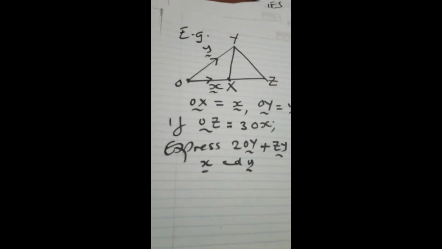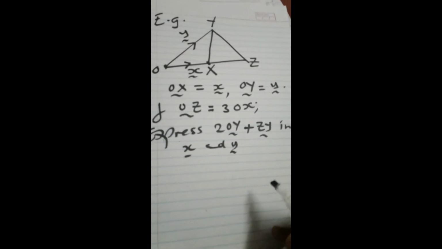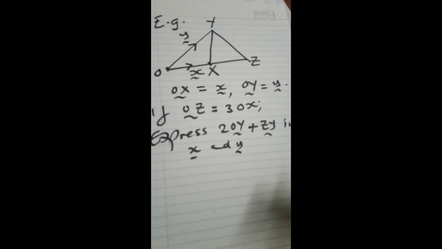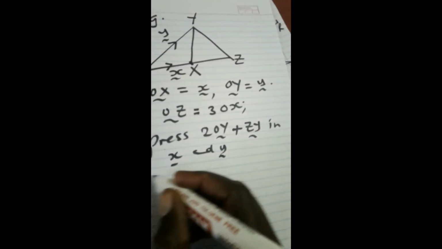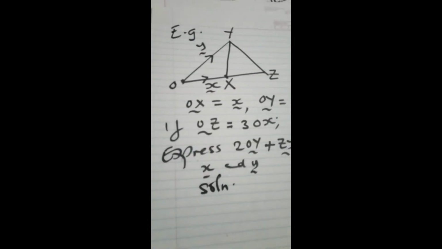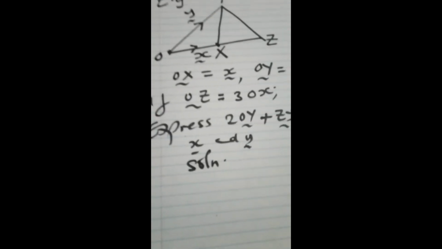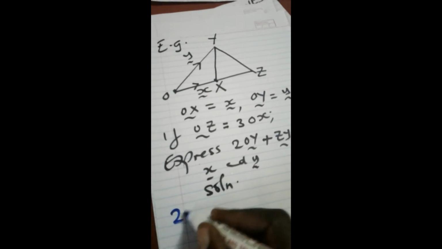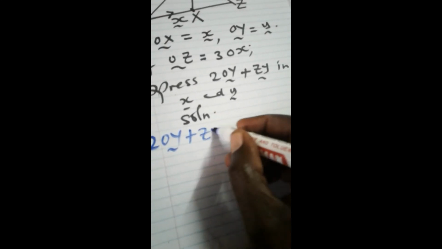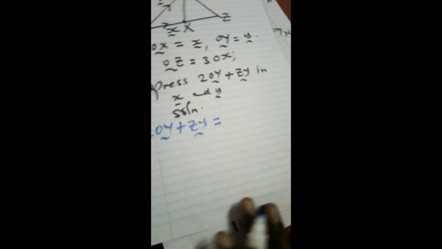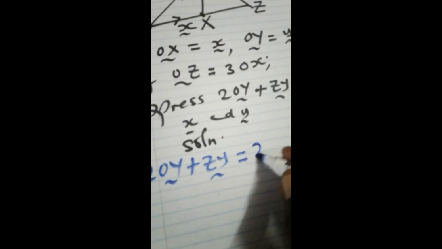So we shall use our vectors still, and we follow direction according to our diagram, and our solution will be 2OY plus ZY will be equal to, we know that OY is given as vector y, and therefore we shall have 2y.